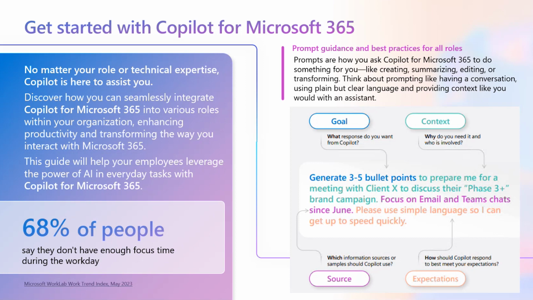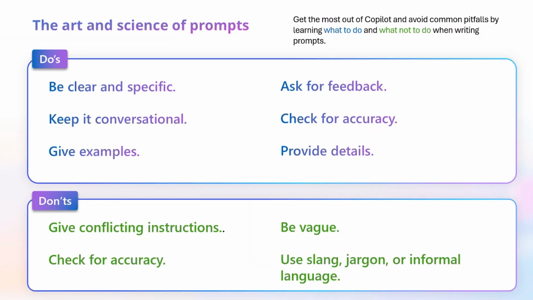In other words, I want Copilot to produce a document for me, but I don't have time to read through pages and pages of a document. I want you to make it not too long of a document. Keep it simple, keep the language simple, make a document that I can read through rather quickly. Now, in our next slide, we're going to see the dos and the don'ts of prompting.